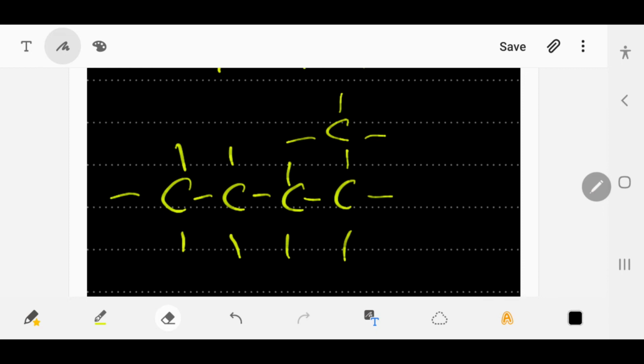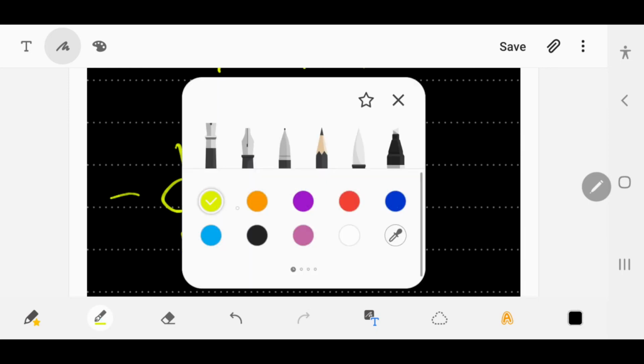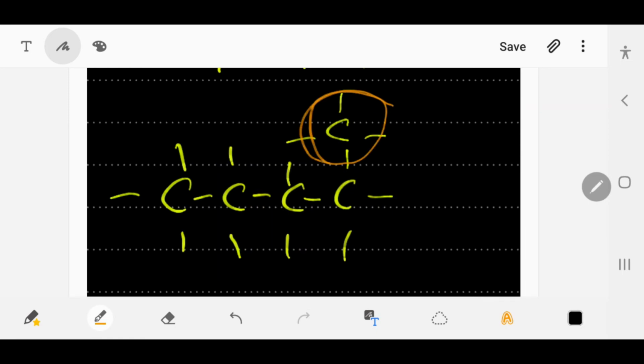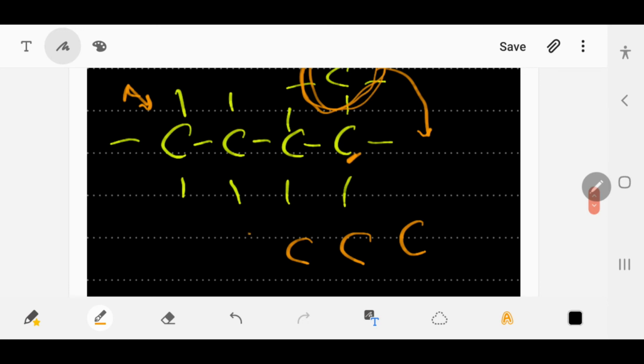Actually, no. Because this atom here is connected to the fourth atom, this one. So you can just flip it this way. Or imagine that if you take this compound from the last atoms here and here, and you stretch it, you will have the same thing, 1, 2, 3, 4, 5, the same shape as the first one, as you can see here.